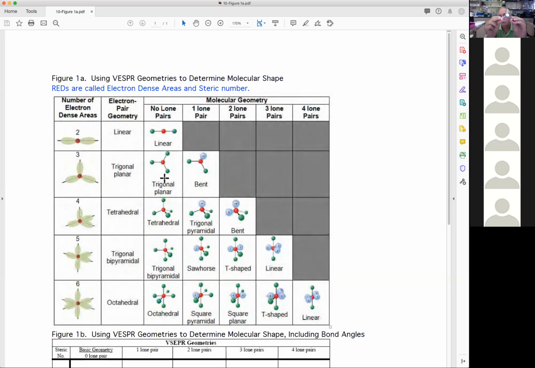Oh, I see. And so you take away the ones that are equatorial because they're weaker? No, because there's more repulsion between them and the other electron pairs. So if they were to basically escape, you would want to take off the biggest force first, because it'll relax the rest of the atom.